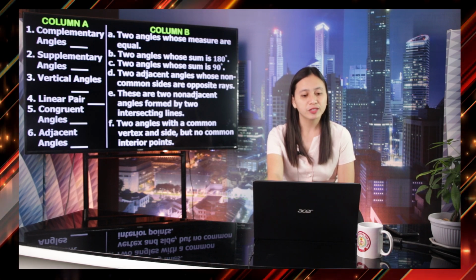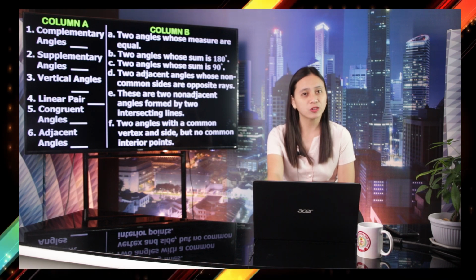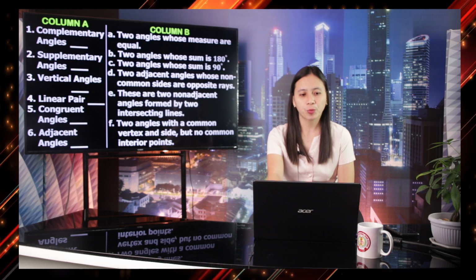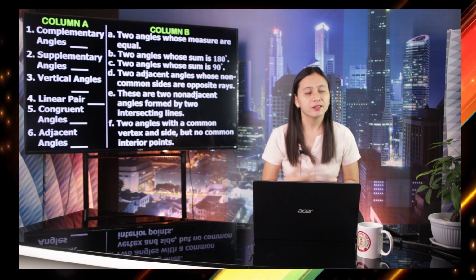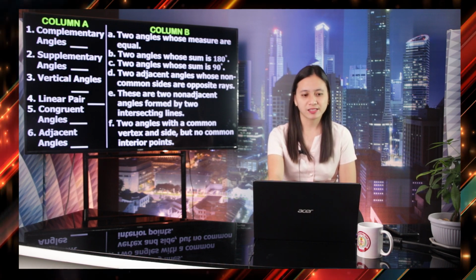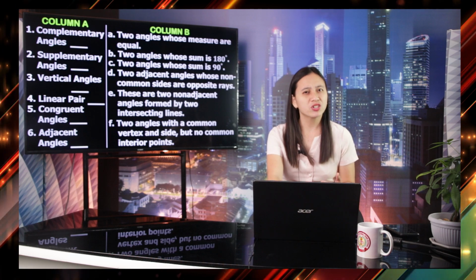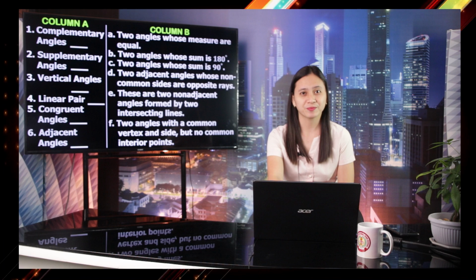And letter F, two angles with a common vertex and side but no common interior points. Okay, so let us start. Number 1, complementary angles. Which definition in column B do you think fits?